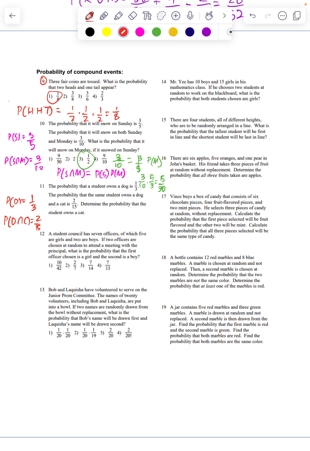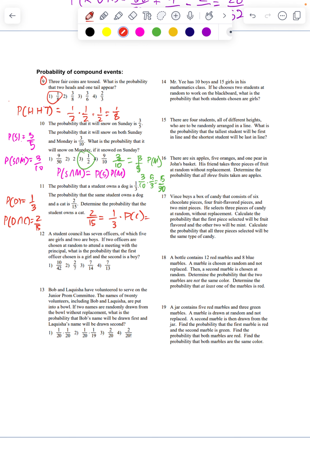Now, again, we're doing the same thing here. We're going to say 2 out of 15 equals the probability of owning the dog, which is 1 out of 3, times the probability of owning the cat, because that's what we're looking for. Again, I'm going to multiply by the inverse, which is 3, on both sides.